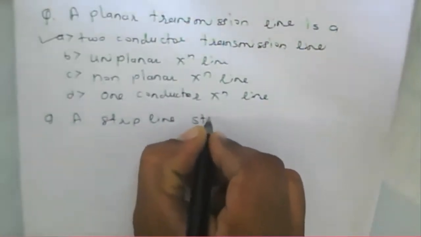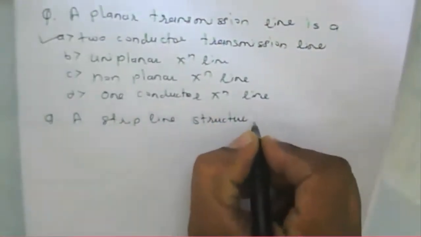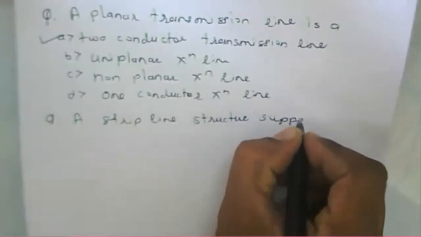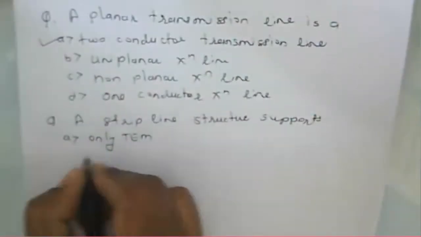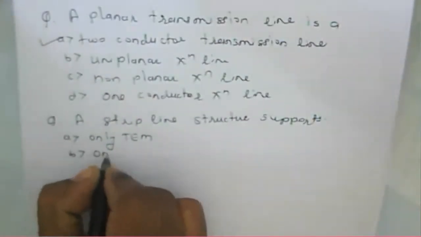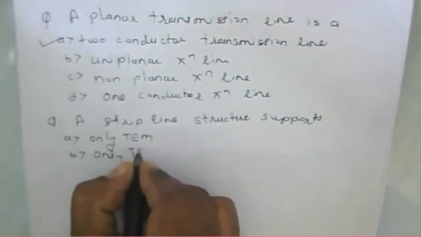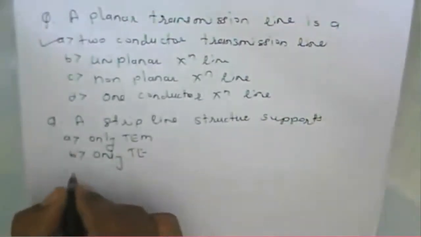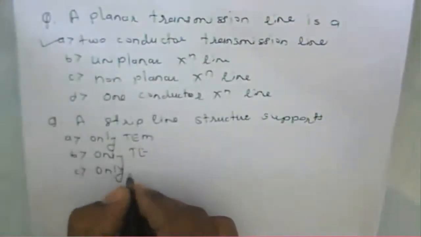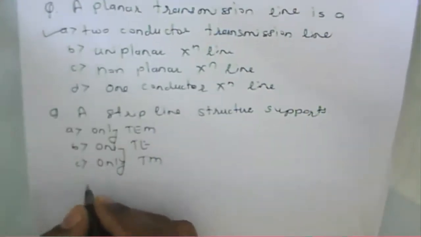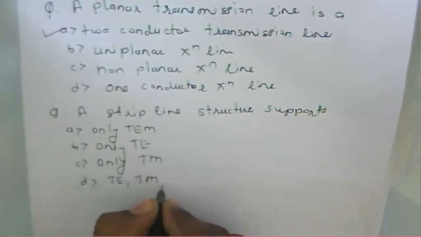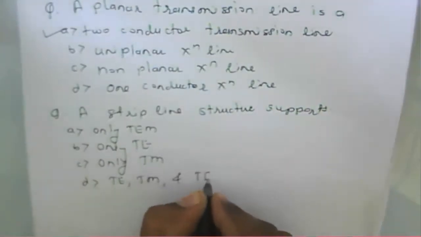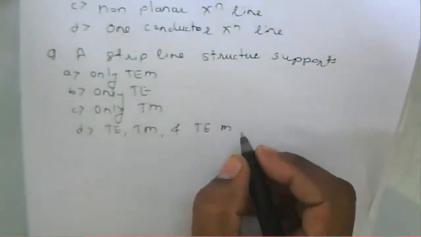A strip line structure supports: A, only TM; B, only T; C, only TM; and D, T, TM, and TM modes.